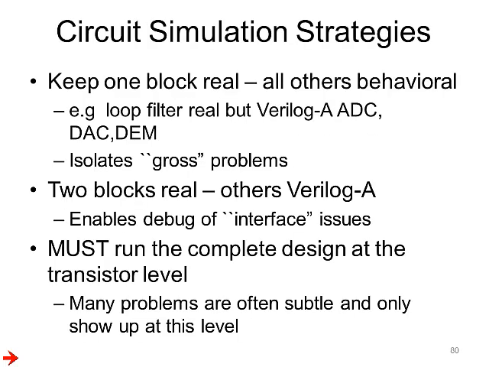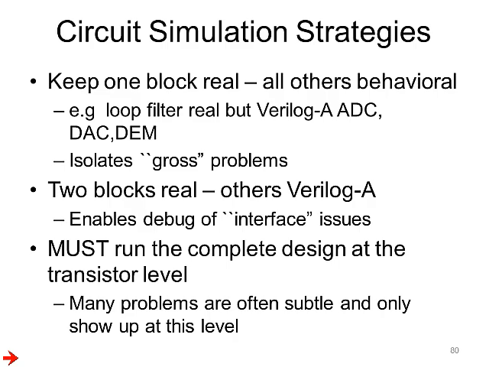Once you've done the high-level design, the next part is to actually build the circuits and put the whole thing together and make sure it works as you think it should. So a common strategy is to keep one block real and all others behavioral, namely either Verilog-A or what have you. This isolates gross problems like clock phasing errors, coefficient scaling errors, and so on.